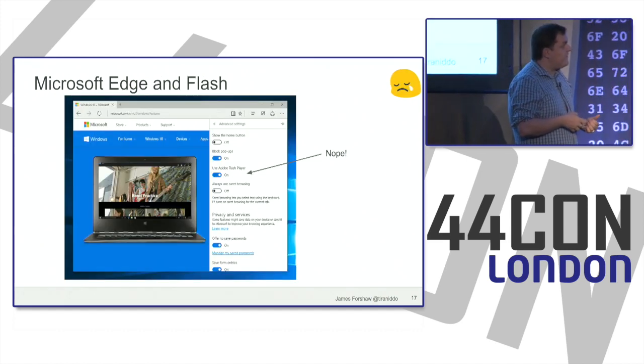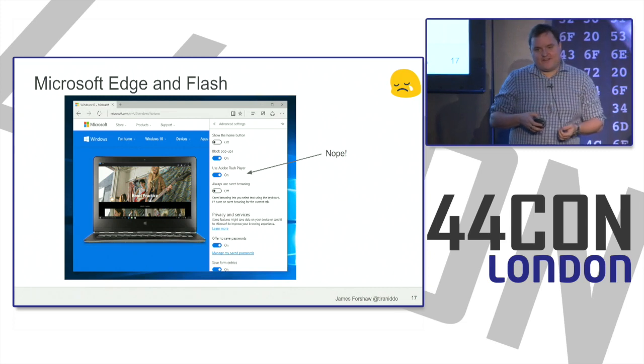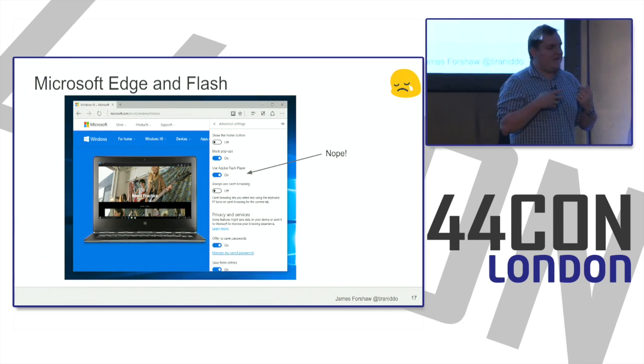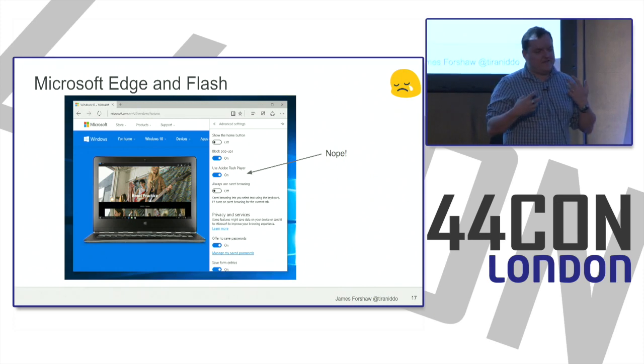But nothing's ever perfect. Obviously, I can't really throw stones here from a Google perspective, but it's sad to see that Flash just continues to keep on going and keep being a useful primitive to exploit even the latest, greatest browser which comes out. Oh, well, we have to have Flash because some advert needs it. But of course, in IE's case, or in Edge's case, it's still using the ActiveX version of Flash.